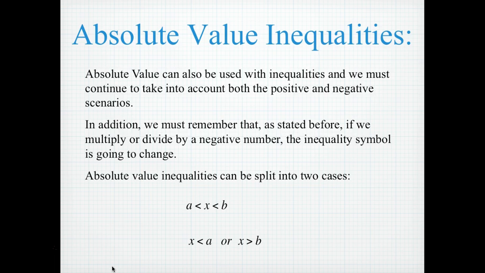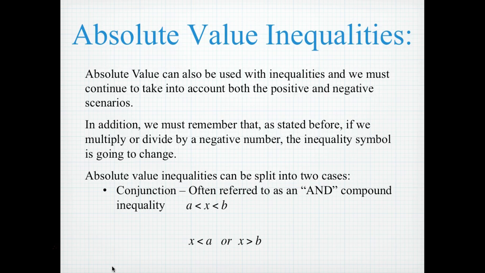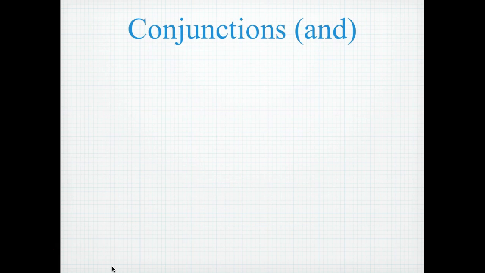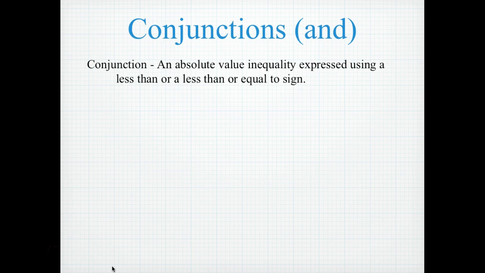Absolute value inequalities can be split into two cases: a conjunction, often referred to as an AND compound inequality, or a disjunction, often referred to as an OR compound inequality. We're going to start with a conjunction. A conjunction is an absolute value inequality expressed using a less than sign.